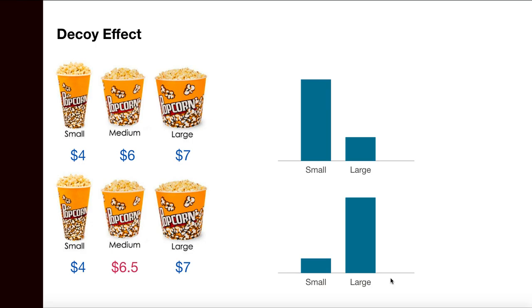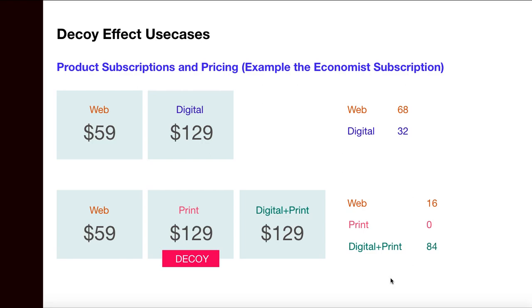So you see how people jump from their options when making decisions because of some alteration in some option. That's what happened. So if you look at the decoy effect use cases, it's used in a number of places, but we are going to look mainly at the product side. So one example is product subscriptions and pricing, mainly The Economist subscription.